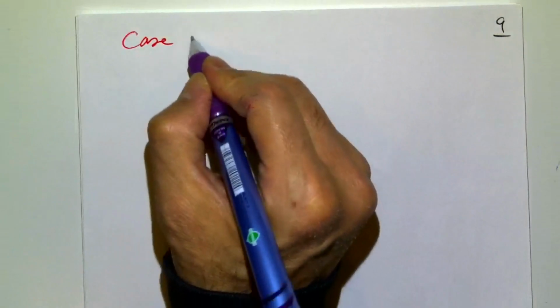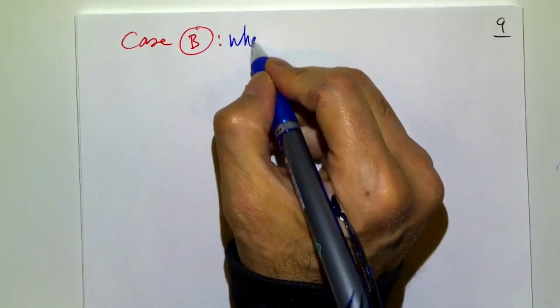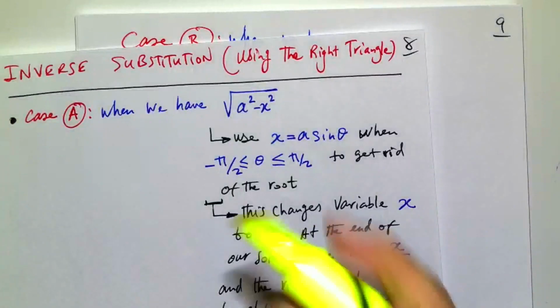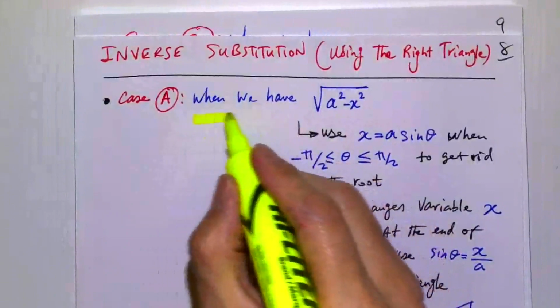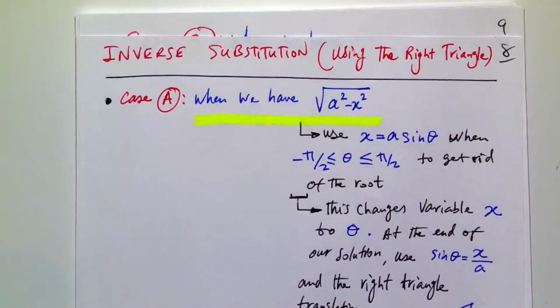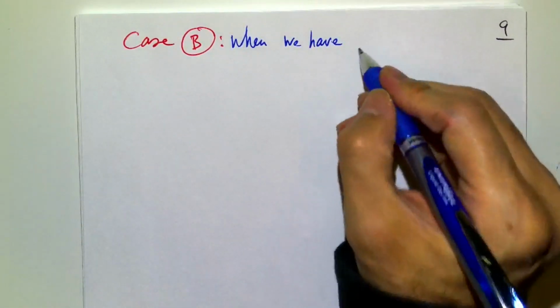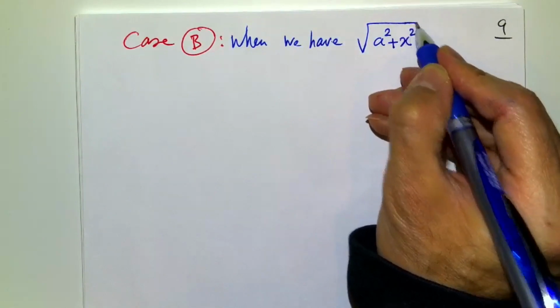So case B. And what did I say over there? When we have that, so let me use the same thing. And I want to highlight this, that was case A. For case B, this time when we have square root of a squared plus, not minus, x squared.